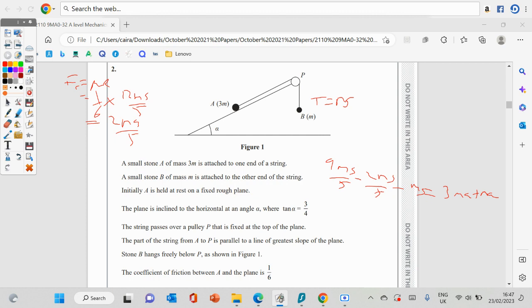Alright, so we can divide through by m, which is nice. So you just get 9 over 5 minus 2 over 5 minus 1, all multiplied by g. It's got to be equal to, well, the m's cancel out, just giving us 4a.